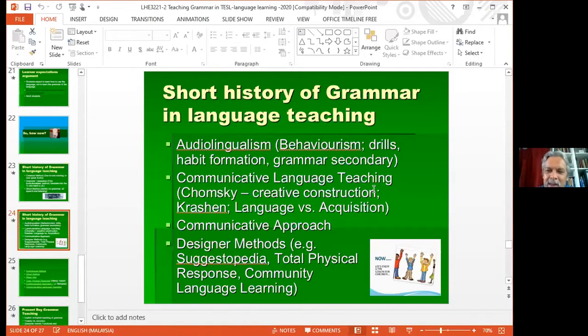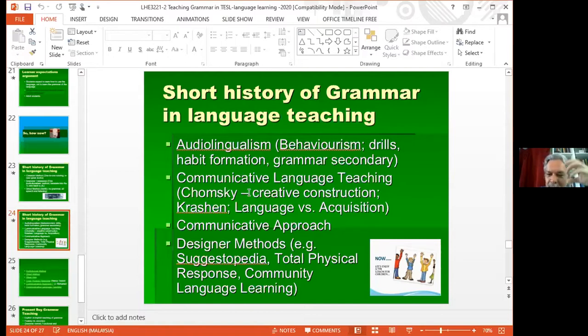So in other words, if it is habit formation and it's based on drills and repeating things that you hear, it's as if to say that for us to learn a language, we have to listen to people all the time, and we have to repeat what they say, and what we don't hear, we won't be able to create or construct a sentence because we have not gone through those drills.